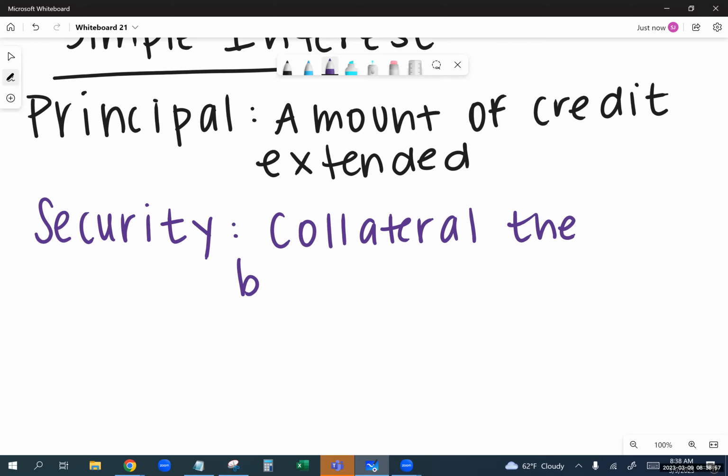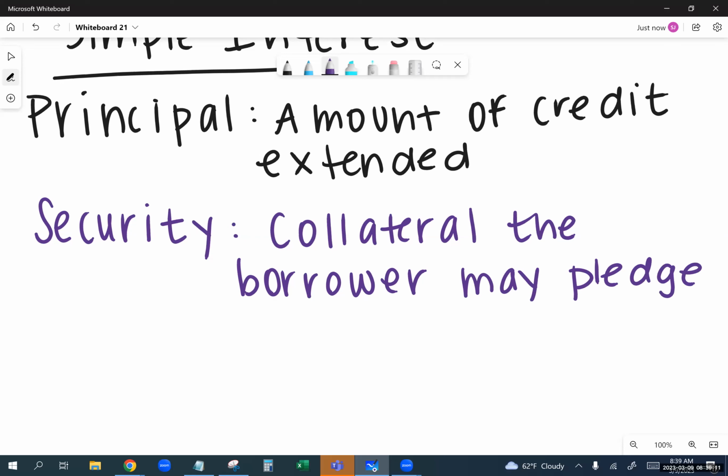The borrower may pledge to ensure payment.